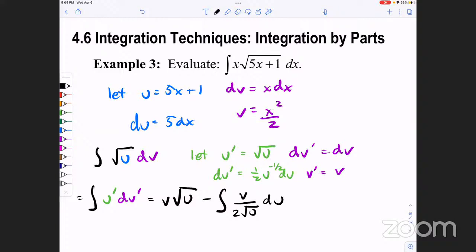I feel like this is working. Let me think about this. Because if you substitute in, your v is x squared over 2, your u is 5x plus 1. I feel like this isn't working either. Let me think about it.